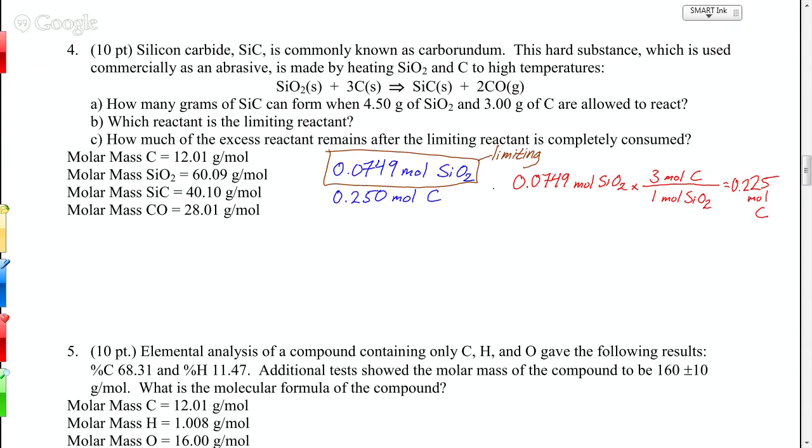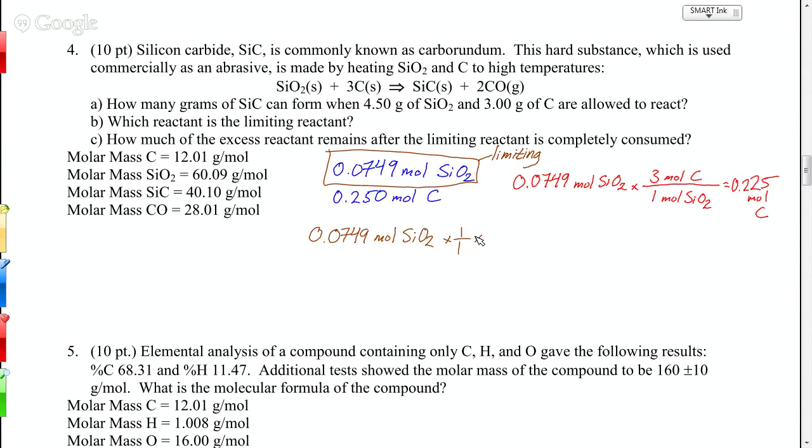So that's what we're going to use to determine the answer to A. We're going to use that number to calculate the amount of silicon carbide that can form. That's 1-to-1, so we can see from the equation that one of these reacts to make one of these. So I'll put 1/1 just so we know where we've got it.